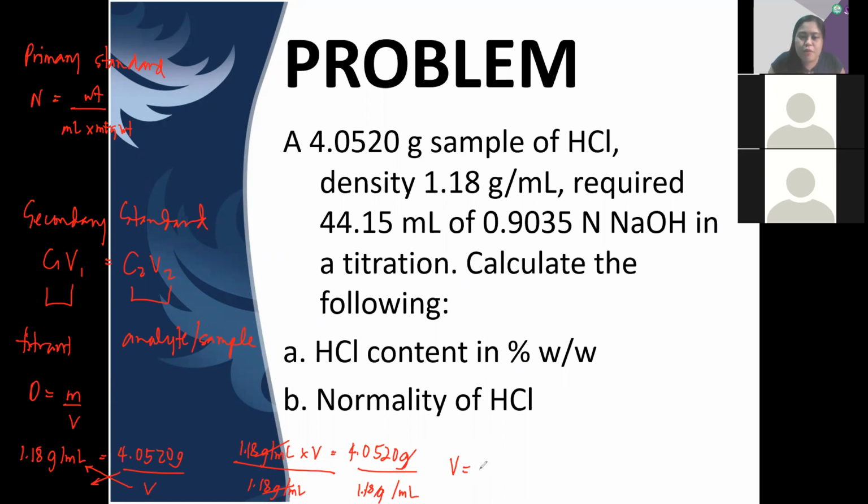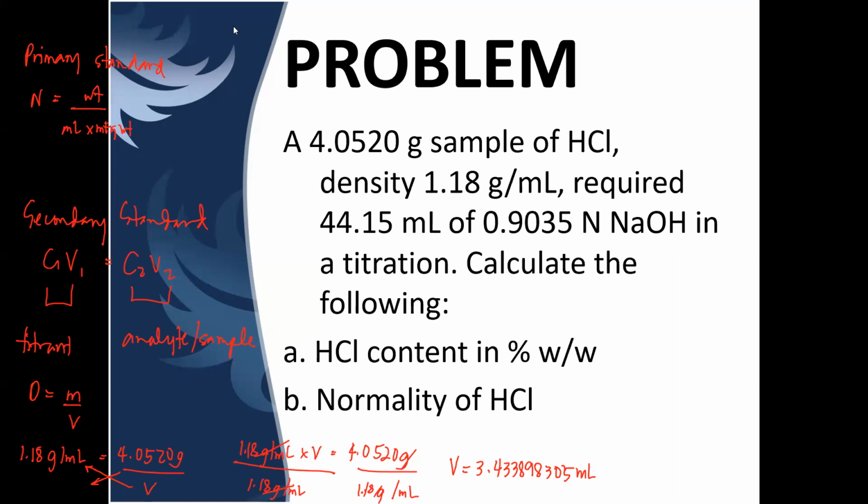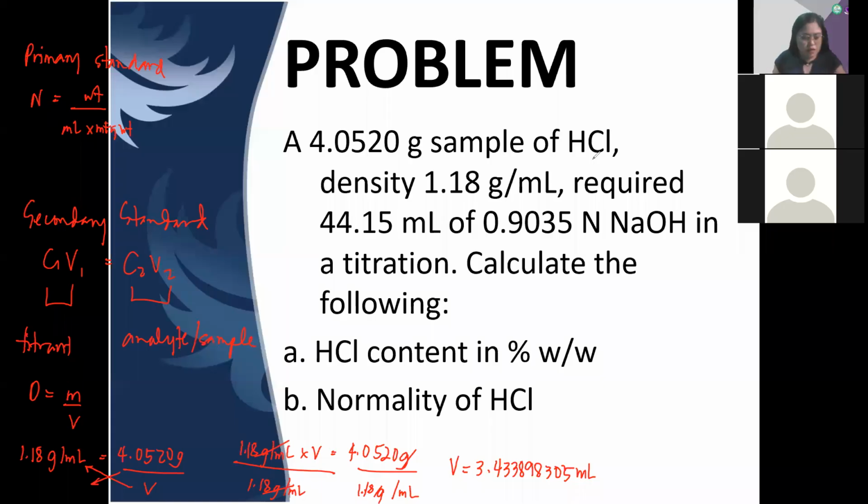So the volume for the HCl here is 3.433898305 ml. Okay, wait a minute ha, may nag-call. Let's continue. Sorry for the interruption. Okay, so that's the ml.